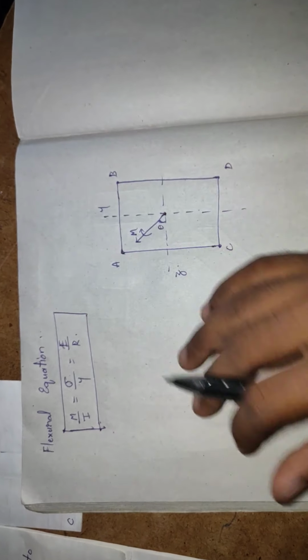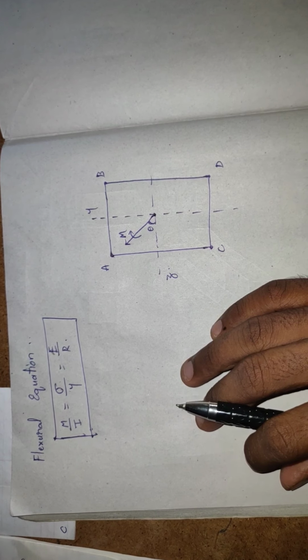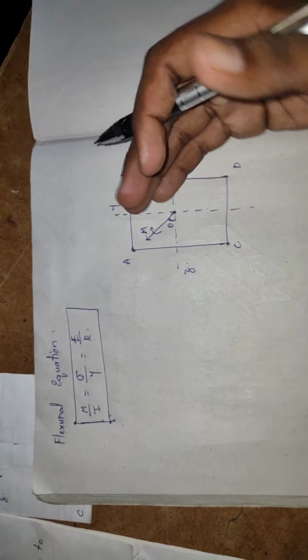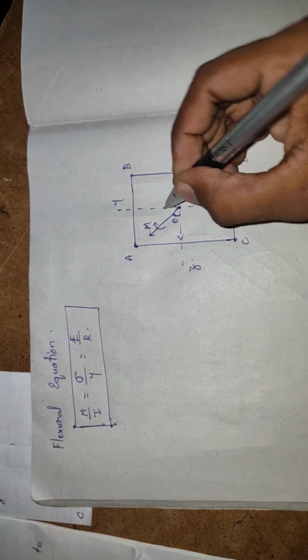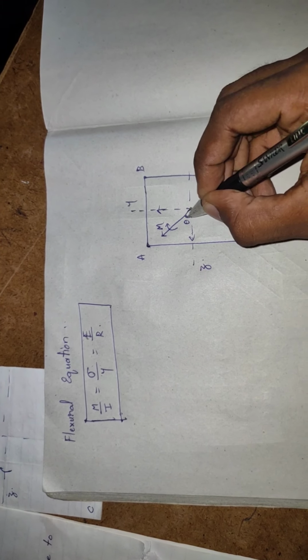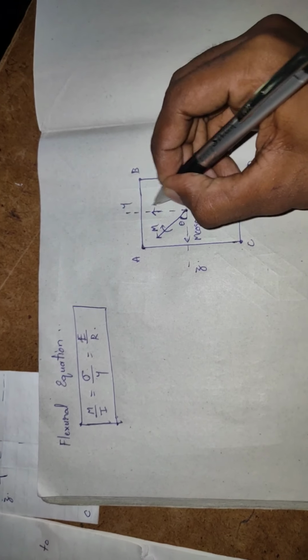Since it is inclined, it is difficult to solve, so we are going to split this moment into two axes, in this direction and in this direction. This is adjacent, we get M cos theta, and this is M sin theta.